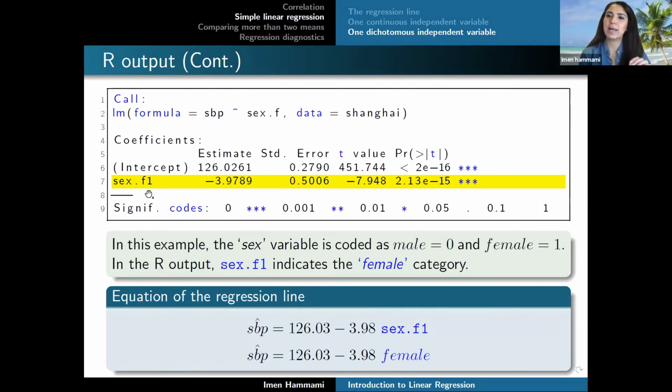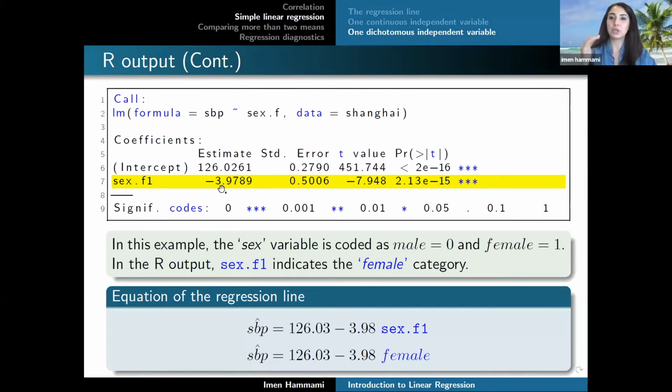It's not really for sex, it's one for one of the categories of sex. So sex has two categories, 0 for males and 1 for females. And software does not systematically show you both levels in the output. They only show you one level. So what R is showing here, sex.f1, 1 is for females. So it shows an estimate for females, but as compared to males. Okay, so this is how we read the output.